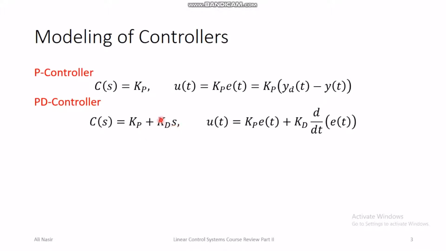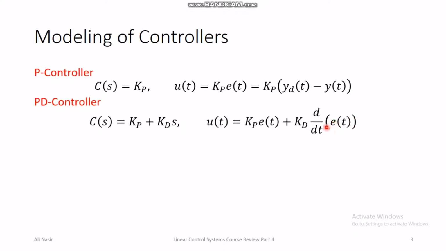So in this controller we have a zero in the controller, and in time domain, the control input that is applied corresponding to the PD controller is a constant gain multiplied with the error plus another constant gain, the derivative gain, which is applied to the derivative of the error or rate of change of the error.